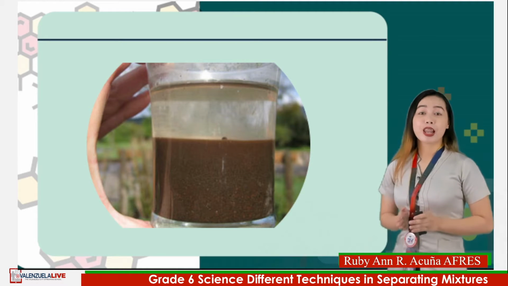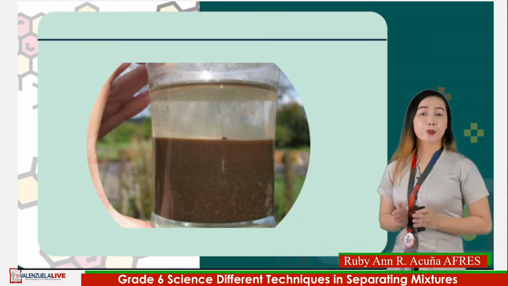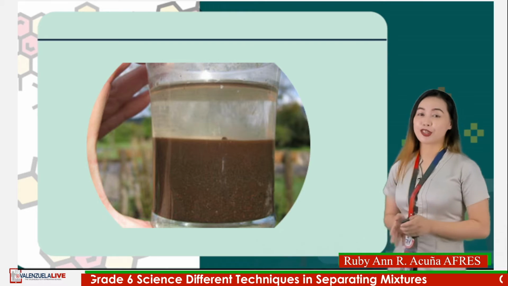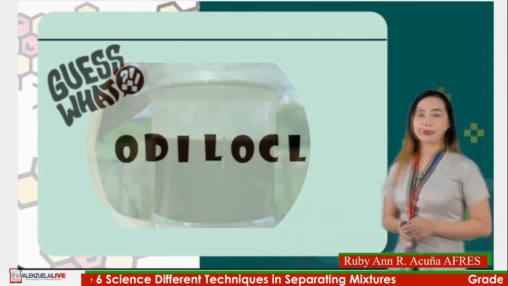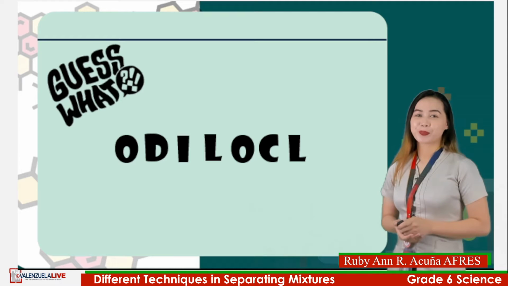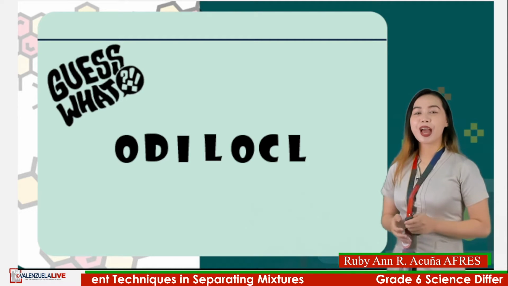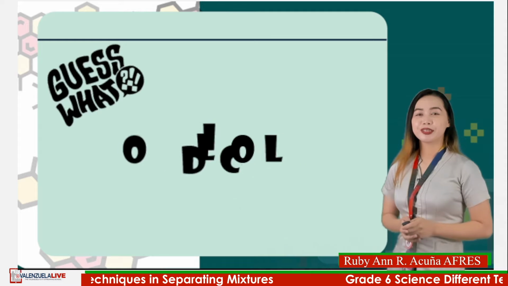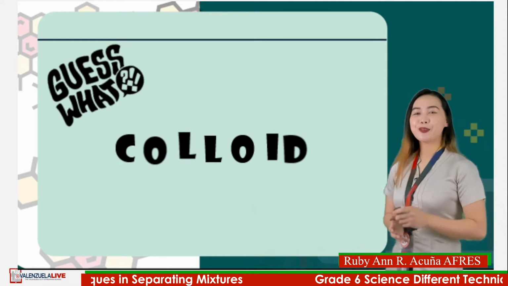But first, let us unjumble the following words that we encountered in our previous discussion. So let's comment down your answer. Alright, we have here the word... You're right, the word colloid.